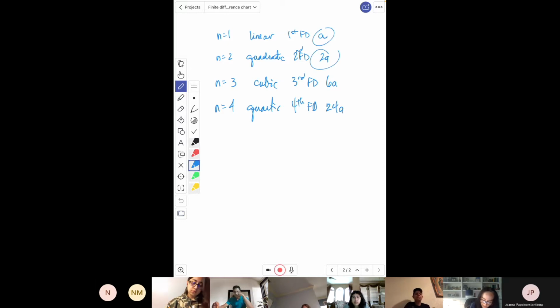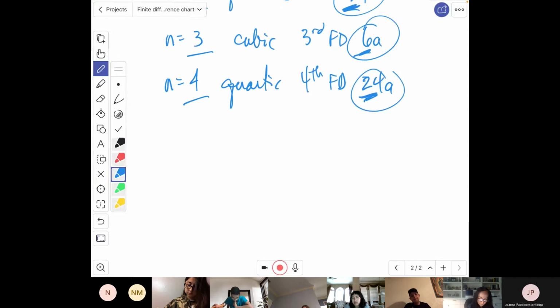So where are we getting these coefficients? The coefficient of a is 1, then 2, then 6, etc. So how am I using these numbers to get these numbers? I'm using the factorial symbol. So let's take a look at that.